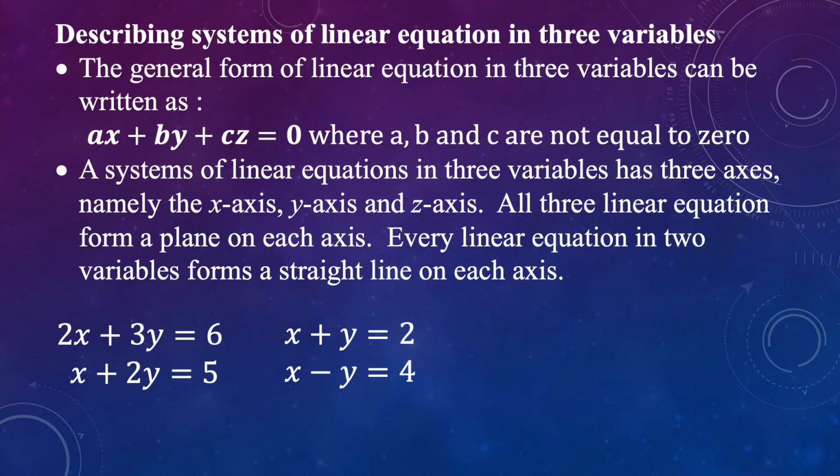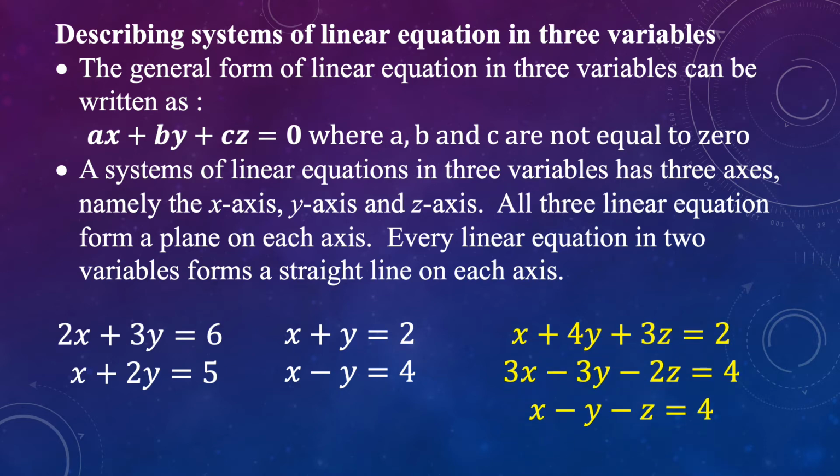Also a pair here. But for system linear equation with three variables, we have three linear equations. For example, x plus 4y plus 3z equals 2, 3x minus 3y minus 2z equals 4, x minus y minus z equals 4. Okay, this is only an example.